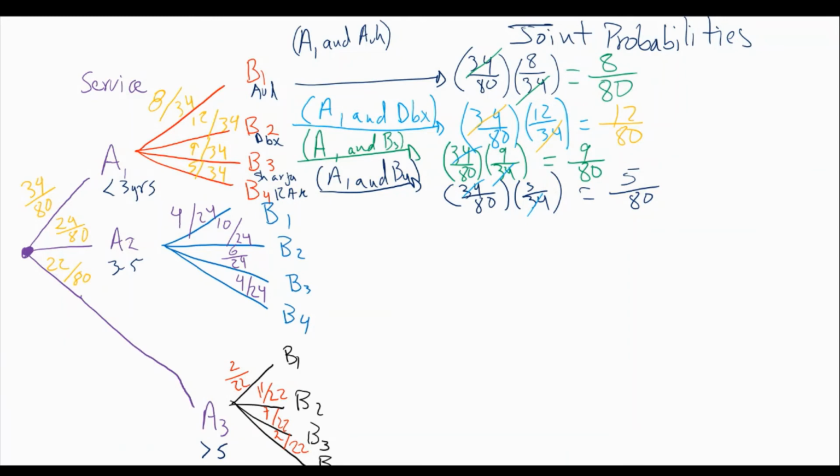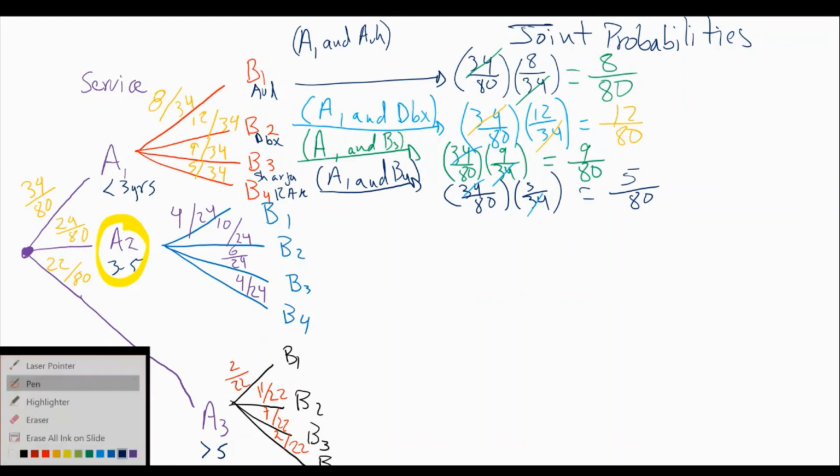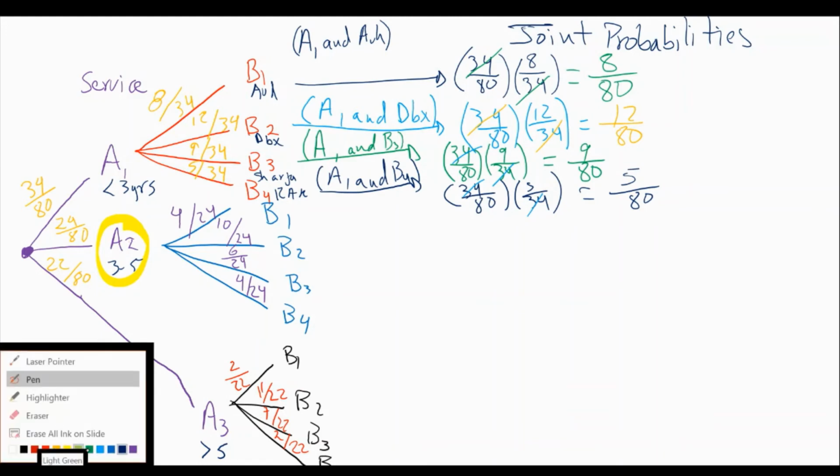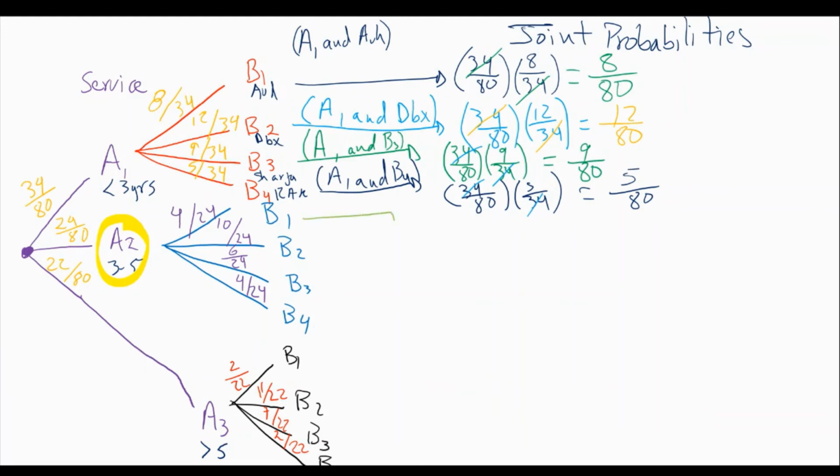Let's do the next set that is talking about the branches being in service for 3 to 5 years by each location. Okay, so let's figure it out. Okay, for this one, you have the probability of A2 and B1.